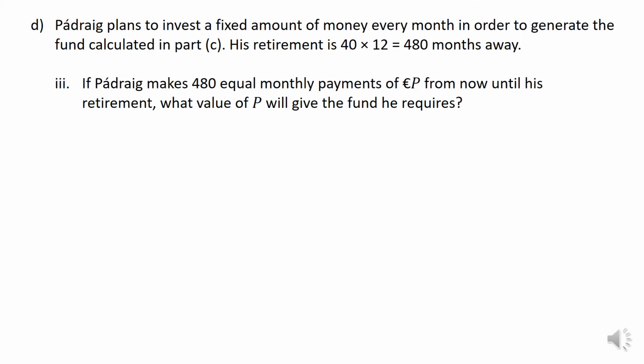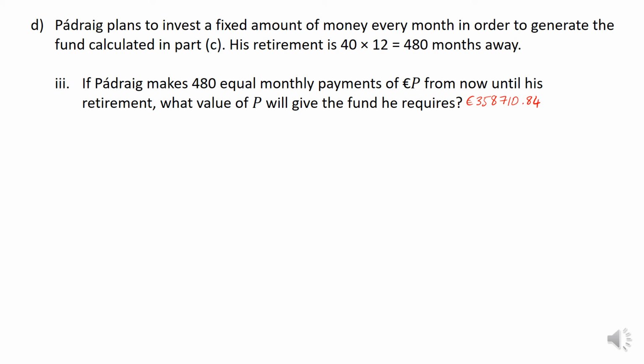Okay, so part 3 of D. If Padraig makes 480 equal monthly repayments of P euros from now until his retirement, what value of P will give the fund he requires? Now let's remember from part C, the fund he requires is 358,710 euros and 84 cents.